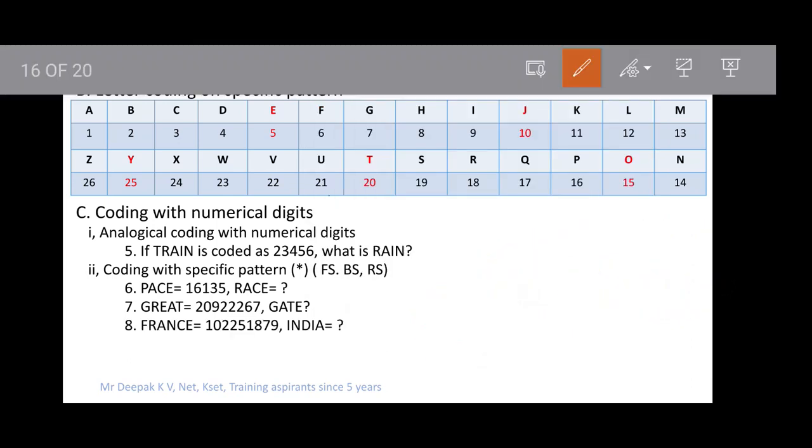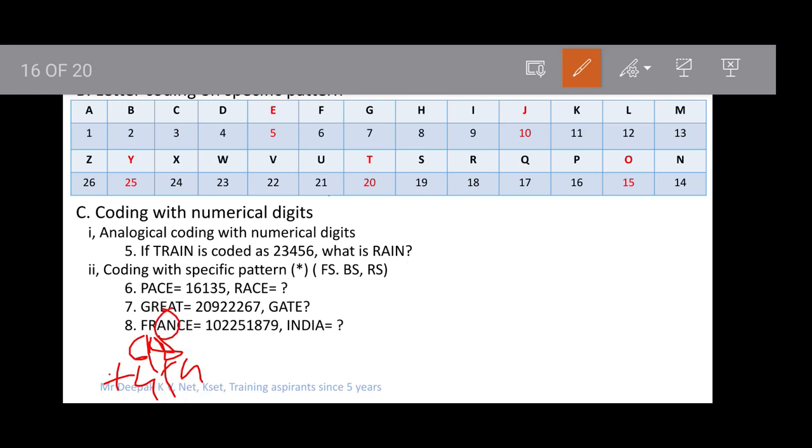If France is coded as 1022511879, what can India be coded as? Let's see in what sequence it is. What is the number of F? It is 6. Here they have given it as 10, so I can say it as 6 plus 4. R's code is 18, then they have made it plus 4 again, correct? So we can see that they have made the plus 4 for the number.